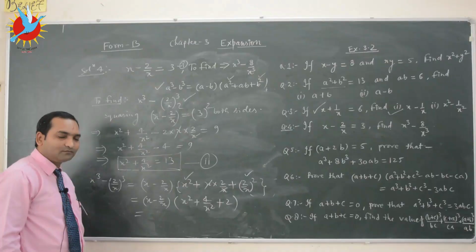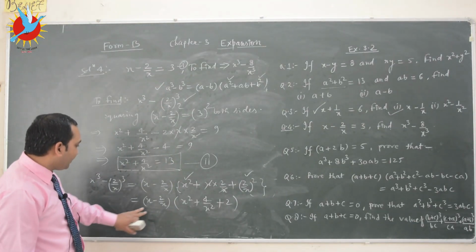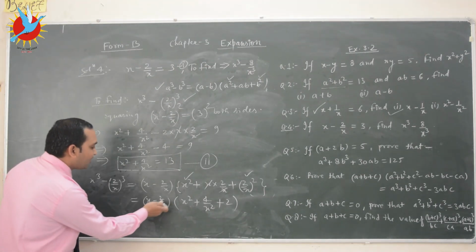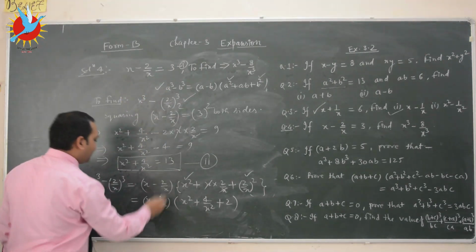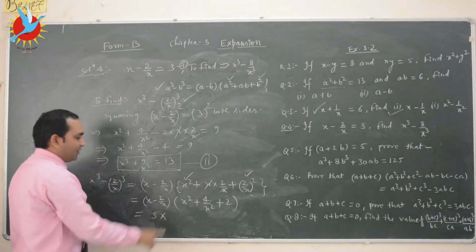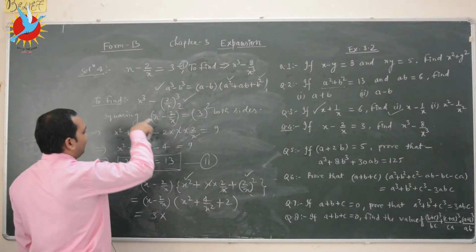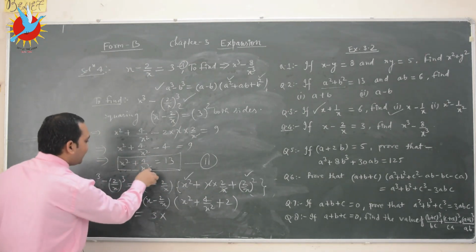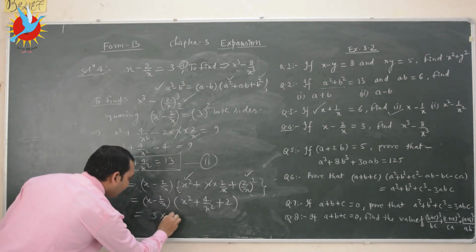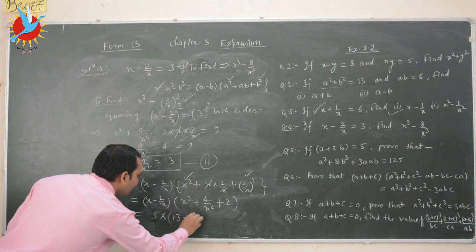So here the value of x minus 2 upon x is given, which is equal to 3, into x square plus 4 upon x square, this value is given, x square plus 4 upon x square is equal to 13, plus 2.